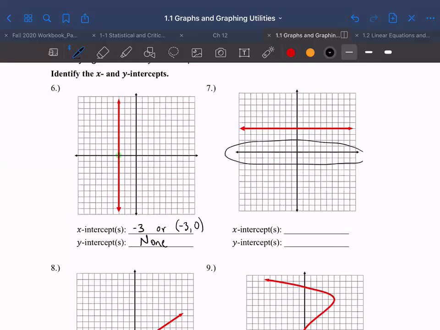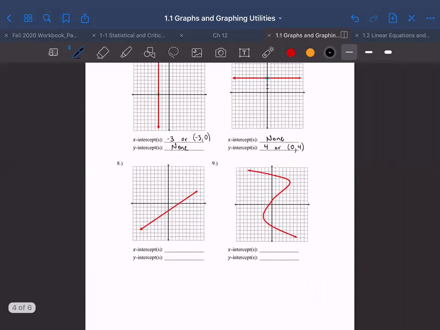It's not crossing that axis anywhere. It's a horizontal line. Where does it cross the y-axis? The answer is right there in that one little highlighted spot. We can count 1, 2, 3, 4. That's at y equals 4 or 0, 4, like that. Okay?